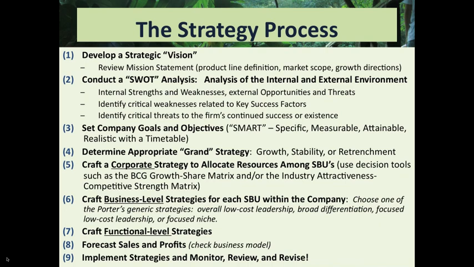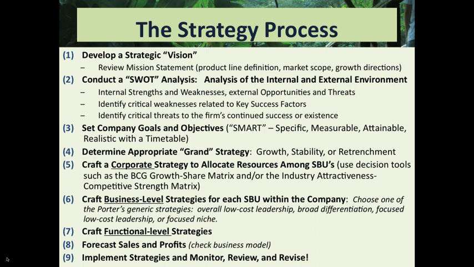In this chapter 8, we're going to start on step 6 in the strategy process, which is crafting business level strategies. When we go to the strategy phase of this process, as I said before, we're going to use a funnel approach. We're going to develop broad corporate level strategies which have to do with the direction of the company and then get more and more specific and narrow.